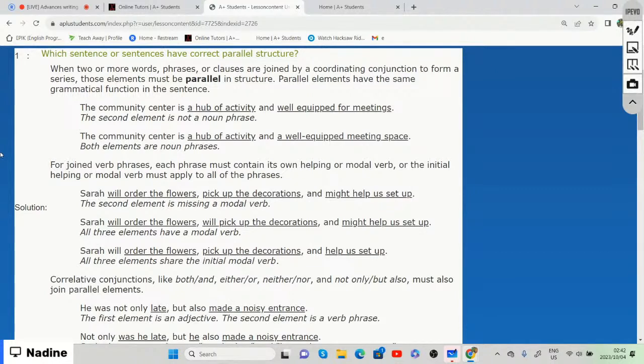So, for example, Sarah will order the flowers, pick up the decorations, and might help us set up. All right. So, in this case, it basically tells us that Sarah will order flowers. She then has to pick up the decorations and she's going to help set up, right?